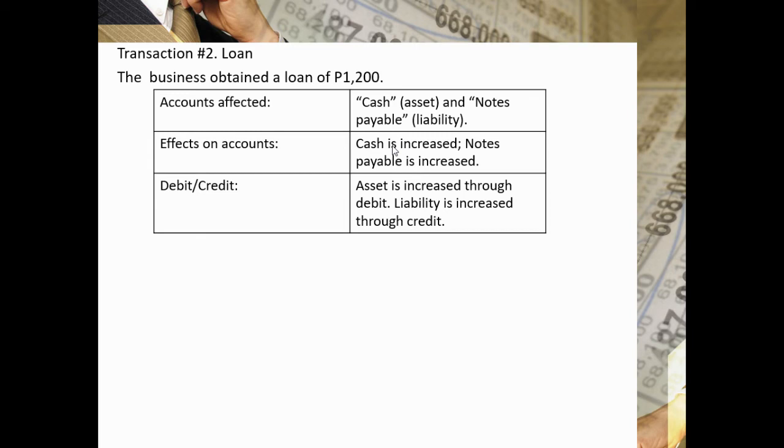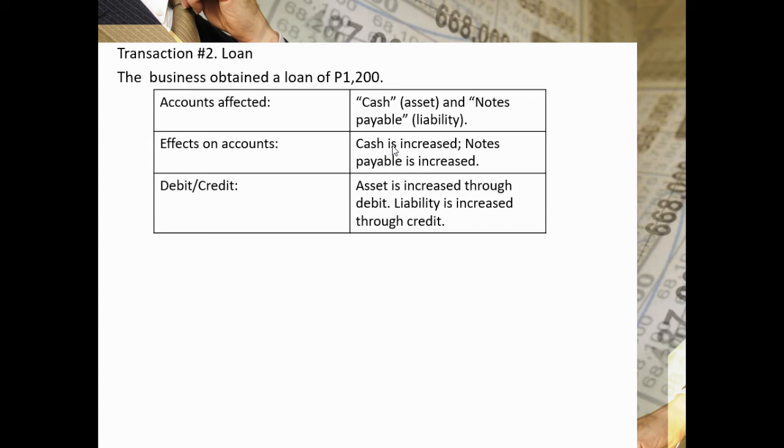Of course, nag-loan siya, so magkakaroon siya ng cash, which is asset, and notes payable, which is liability. Paano ko nalamang notes payable? Siyempre, loan siya. So, may formal written agreement dyan para sa liability.